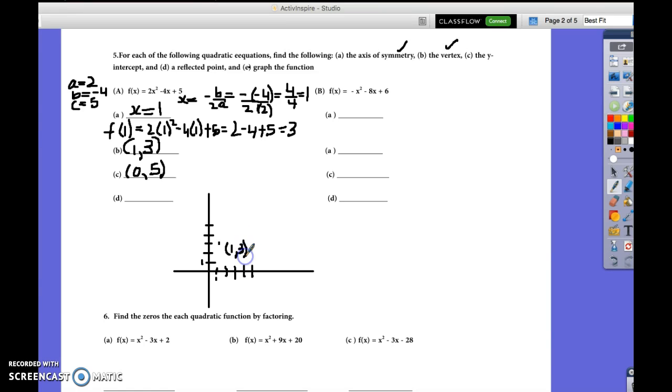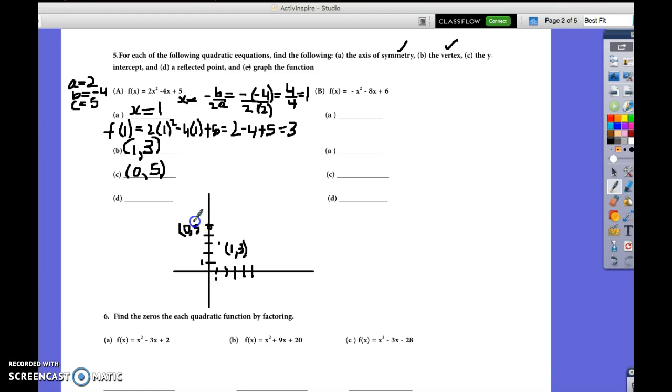From there, we can do the y-intercept. Y-intercept is at 0, 5. 0, 1, 2, 3, 4, 5. So the y-intercept right here. So here we go. 0, 5.